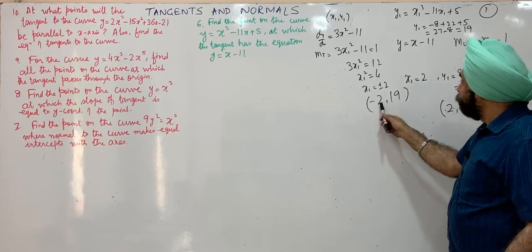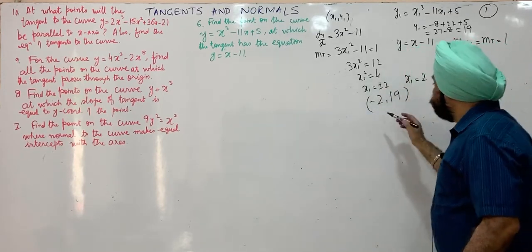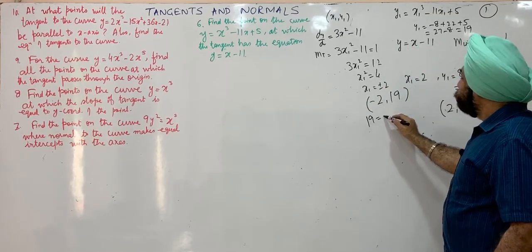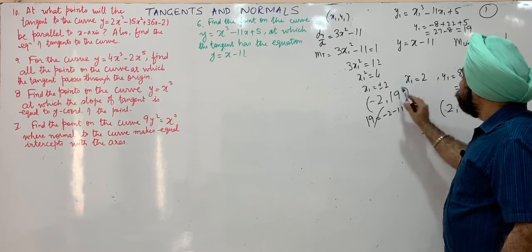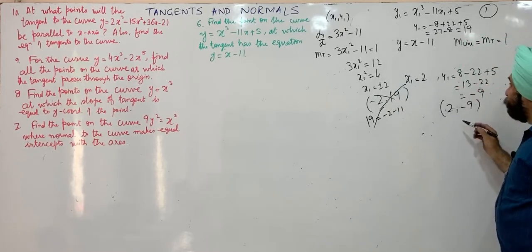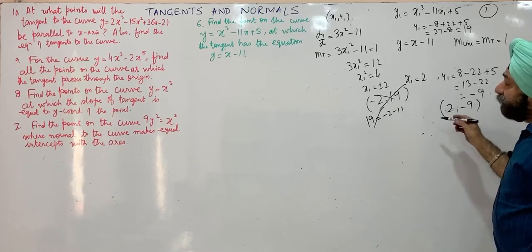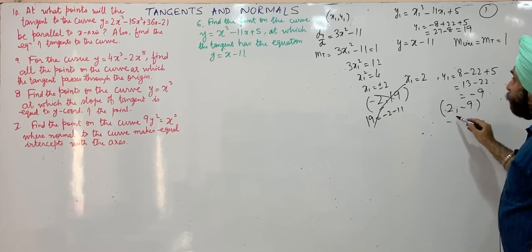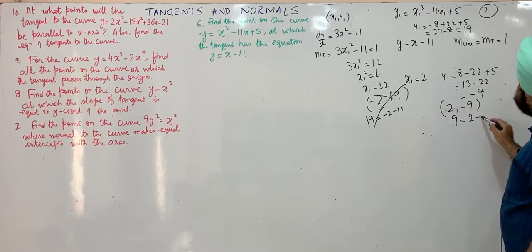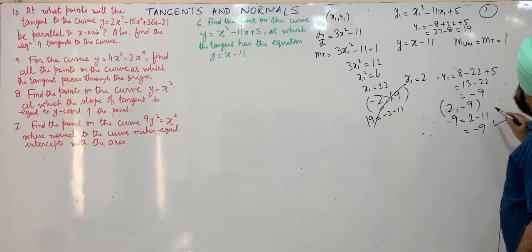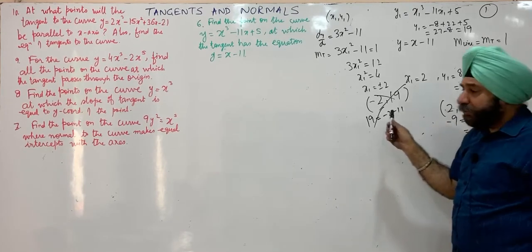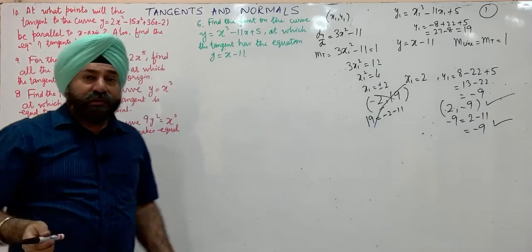Let us check if this satisfies it. y is equal to x is minus 12 minus 11. So this is rejected. Then 2 comma minus 9, y is minus 9, x is 2. So this point satisfies the equation of the tangent. So this is the required point.